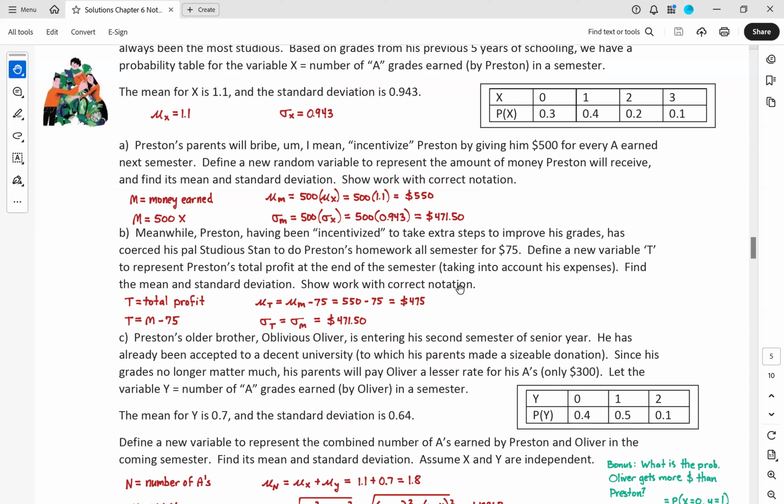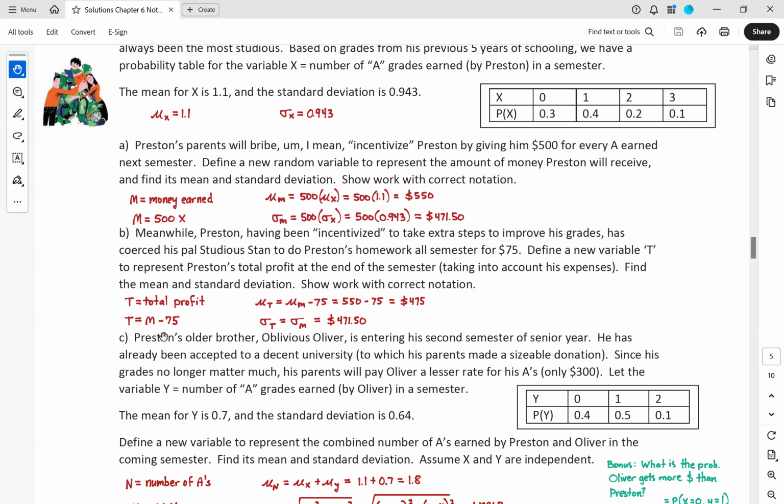Part B, this time we want to measure a profit. It appears that Preston is paying studious Stan to do all of his homework for $75. So Preston's going to be making some money off of his parents, but he's giving some of it up to Stan. Our new variable T for total profit would be the amount of money earned in a semester minus the 75 that he's paying Stan.